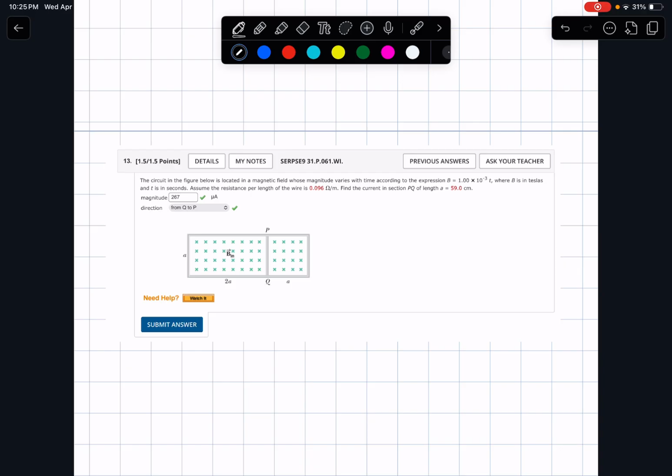So you may be wondering at first where to even start with this. But actually, what you have to use here is Kirchhoff's rules from the circuit unit.